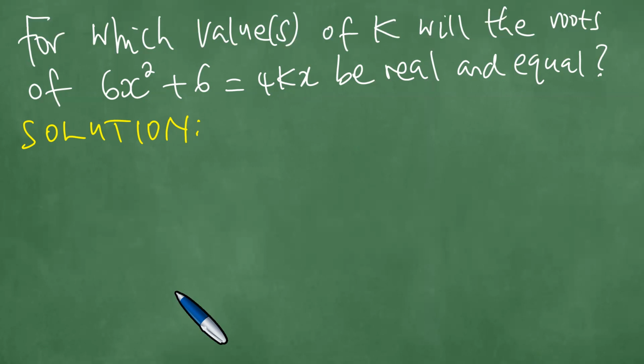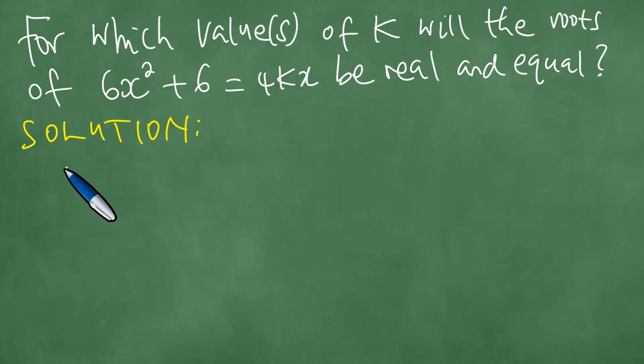Okay, that's fine. Let me get another answer from Tando. Tando, what did you get? For real and equal roots, delta has to be equal to 0. Yes. Right, good.